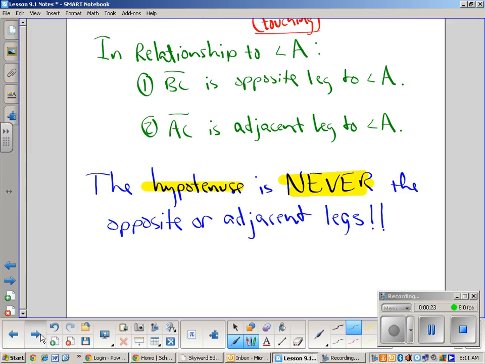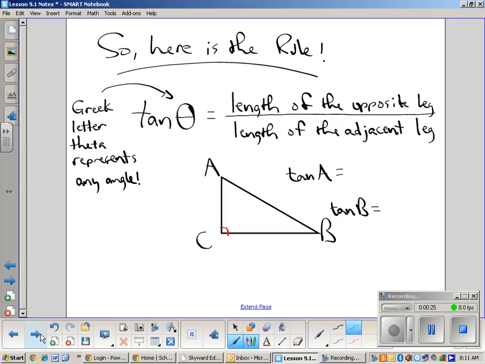Okay. All right, so here's the rule. This symbol right here is a Greek letter called theta. It represents any angle. Greek letters in trig are almost always used for angles.